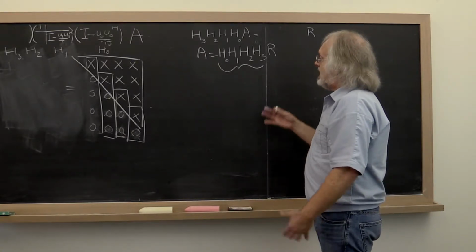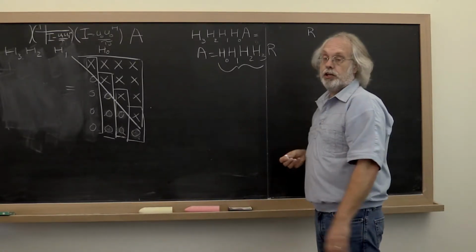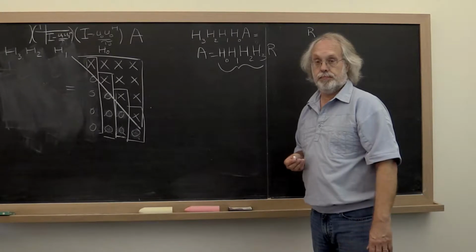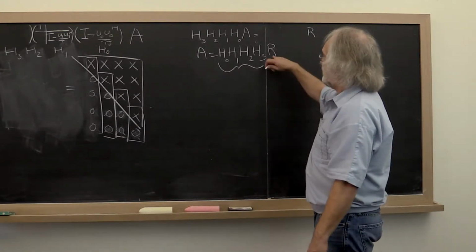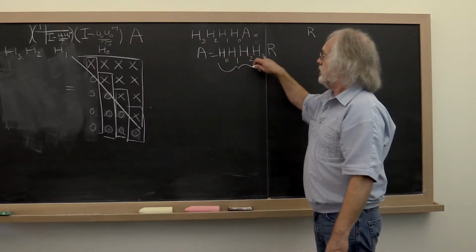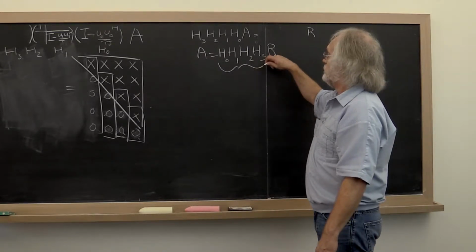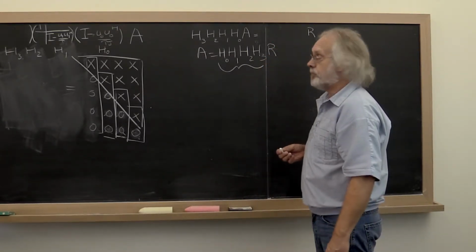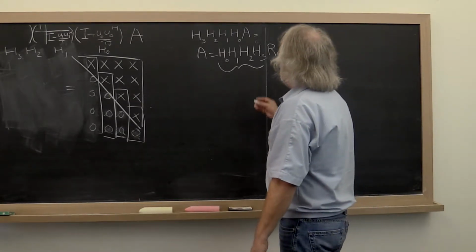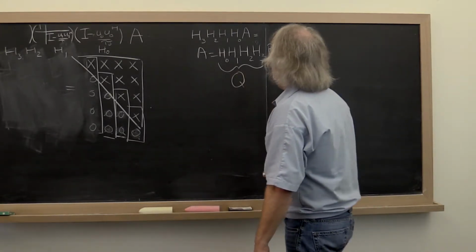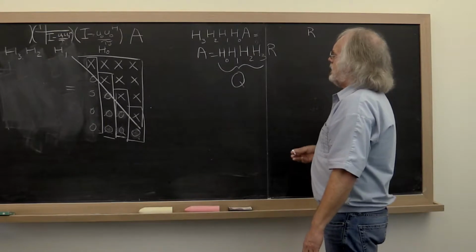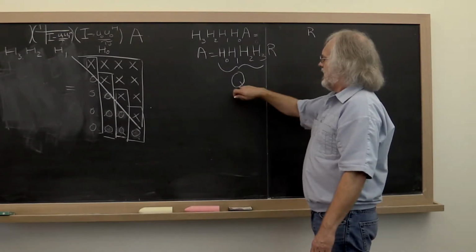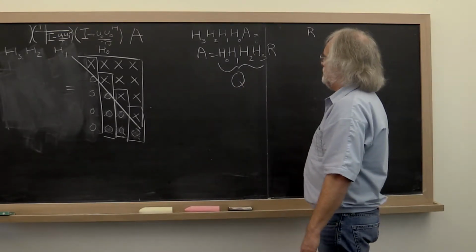And we end up with something that starts looking like a QR factorization. The only catch being that Q is now a square matrix, and R may have more rows than it has columns. So let's call that Q. And the question then becomes, how do we compute Q?